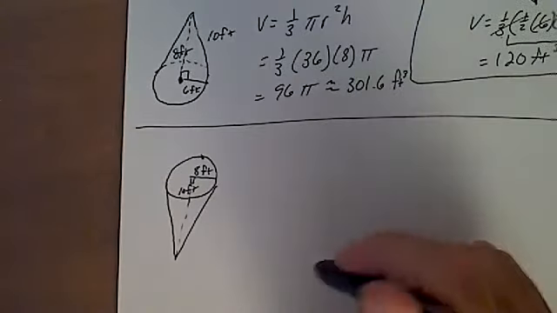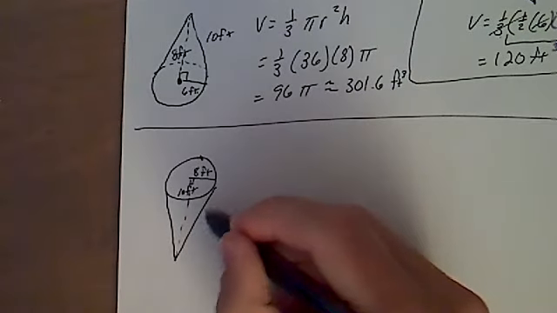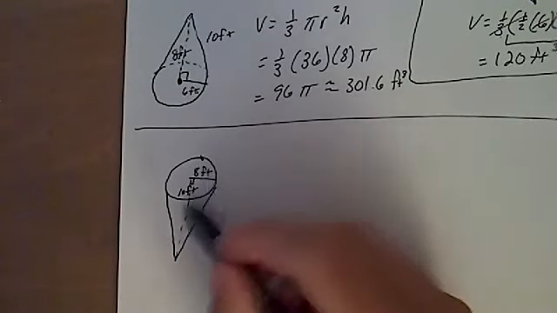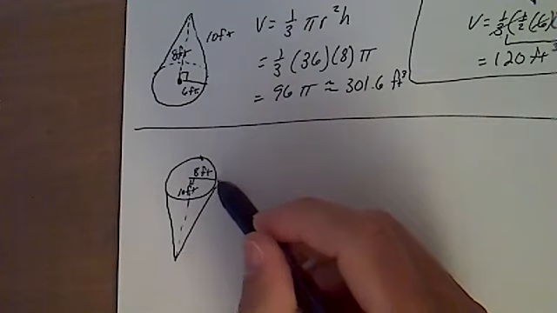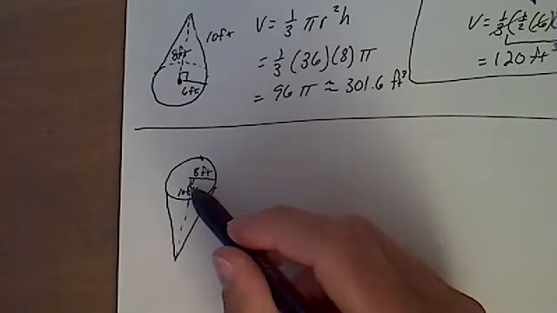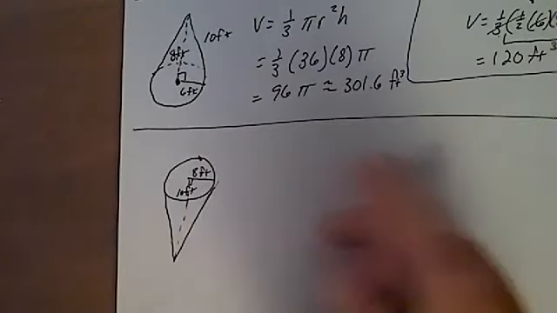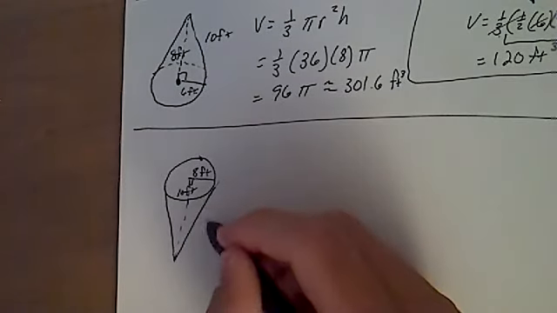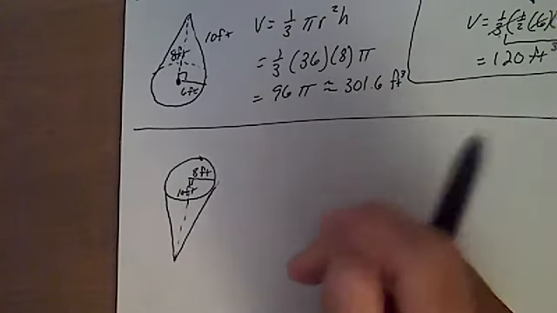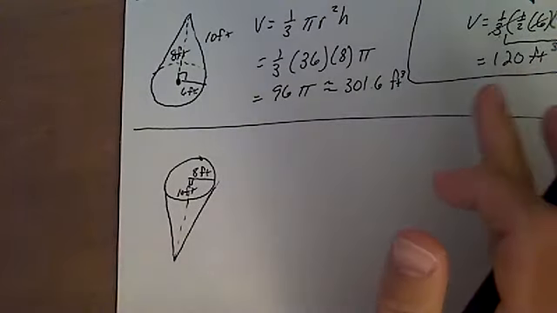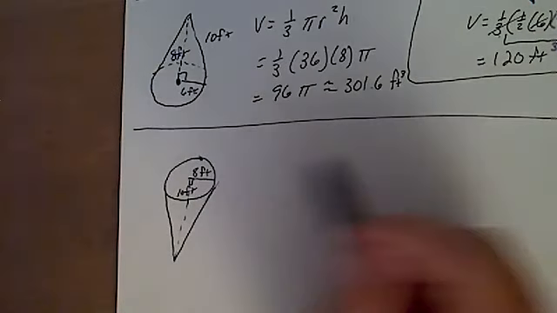Do not get confused here, right? We do not care about what this side is. And this is not like the other ones. This is not a 6, 8, 10, because 10 is the height, not the hypotenuse, right? So even if we did need to find the slant height here, you would not find it by using a Pythagorean triple. You'd actually need to use the Pythagorean theorem.